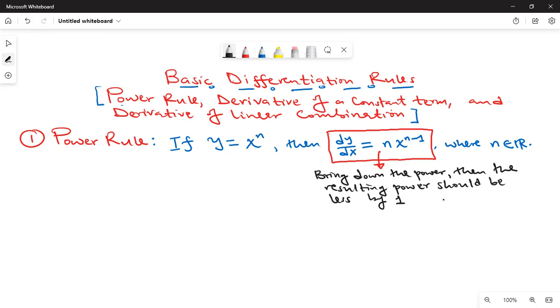So when you bring down the power, you get n. Then the new power of x is n minus 1. That is the power rule of differentiation.